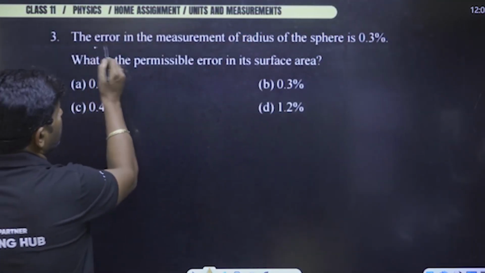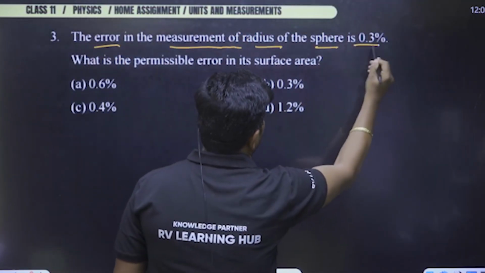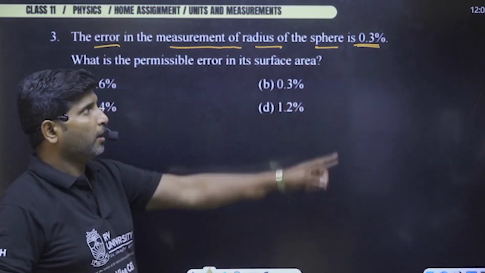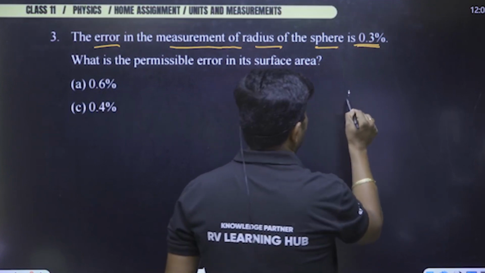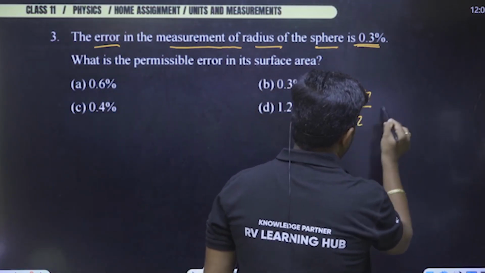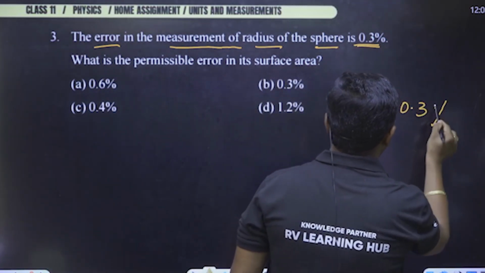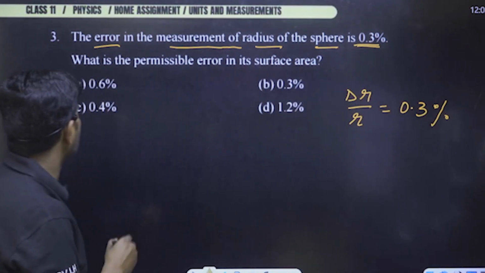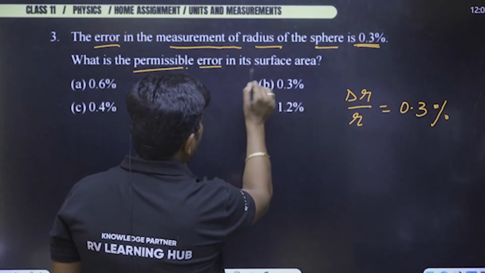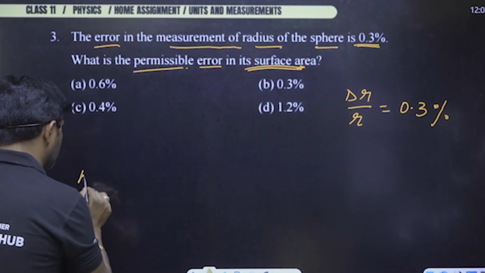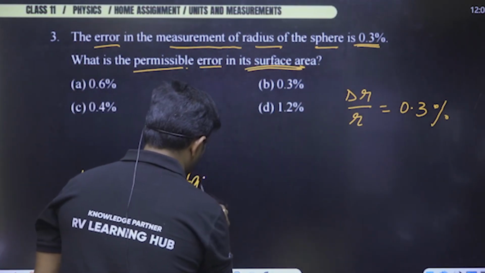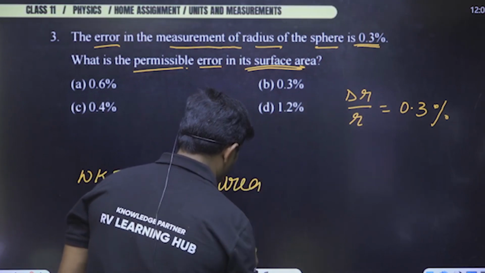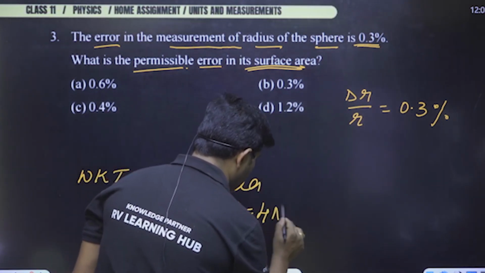The error in the measurement of the radius of the sphere is 0.3%. Whenever you observe this percentage error they have given, we can say that delta r by r is equal to 0.3%. What is the permissible error in its surface area? We know that surface area A is equal to 4 pi r square.